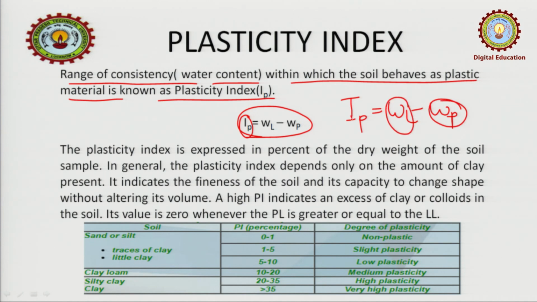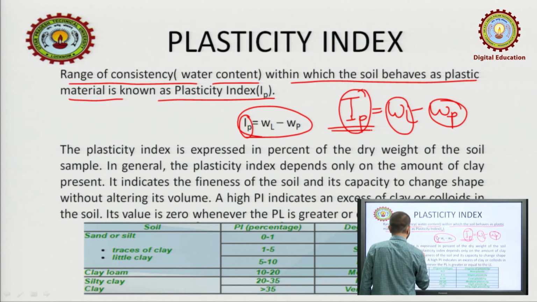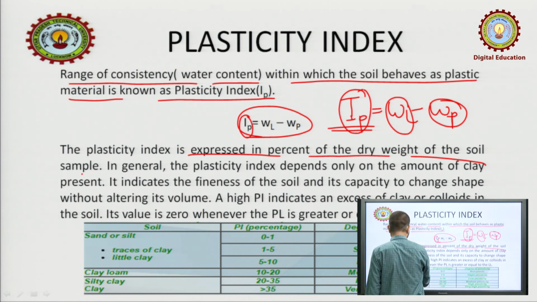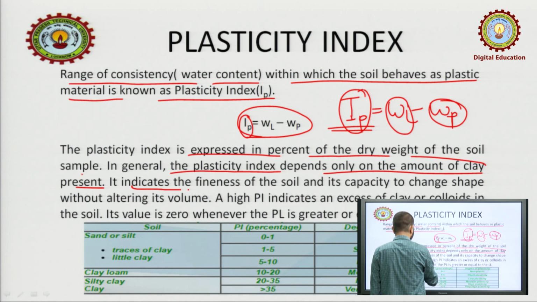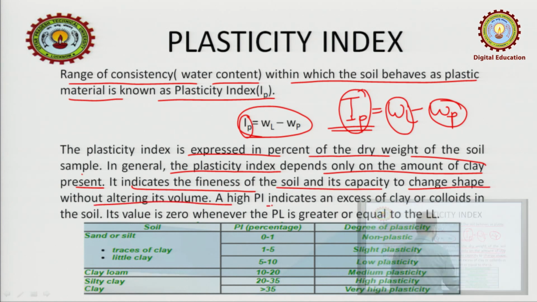The difference of these two will give you the region in which the soil will remain plastic, that is your plasticity index. Plasticity index is expressed as a percentage of the dry weight of the soil. In general, plasticity index depends only on the amount of clay present. It indicates the fineness of the soil and the capacity of the soil to change shape without altering the volume.